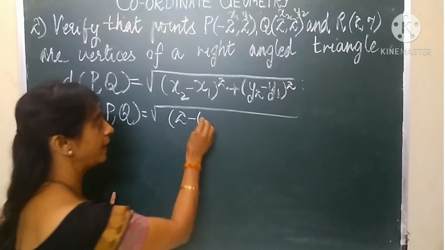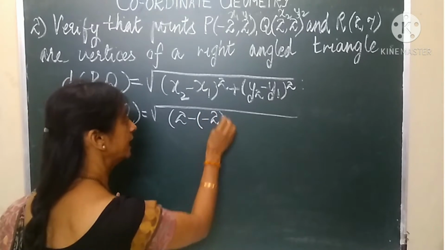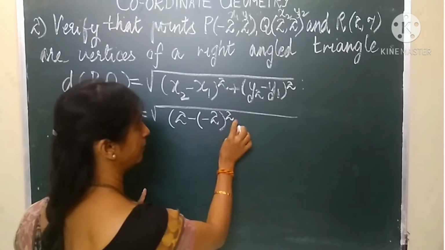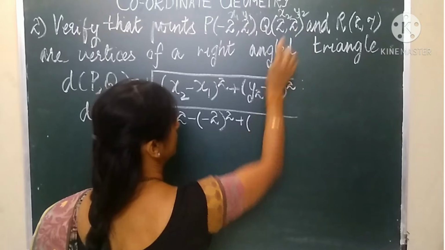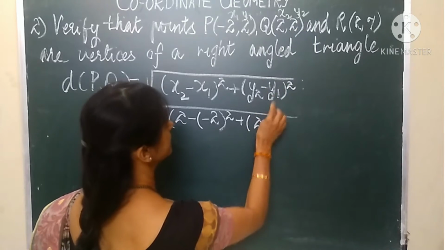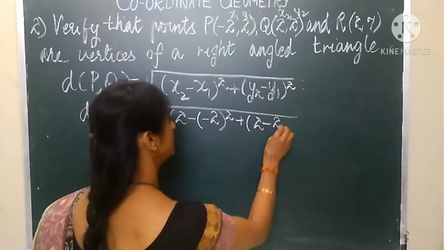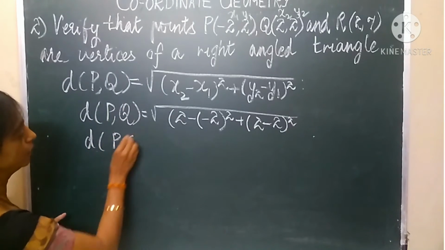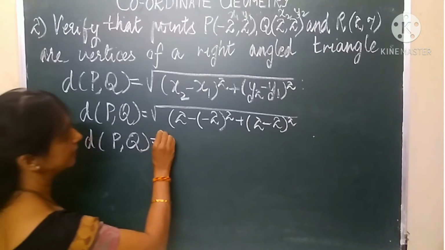So let's insert a bracket because both have got a negative value. The whole square, let's not forget the square, plus y2 that is 2 minus y1 that is again 2, the whole square.